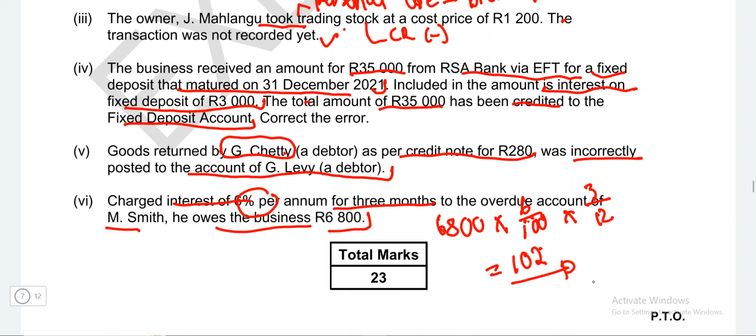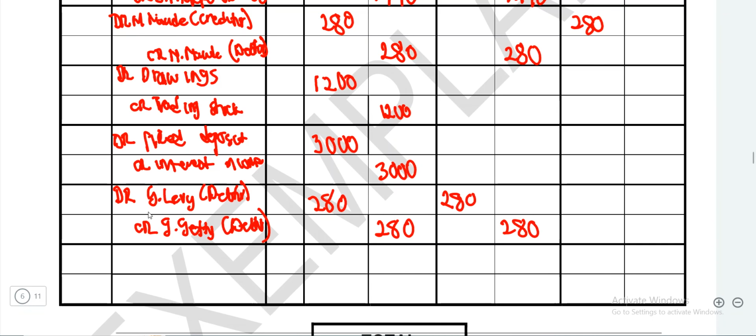Now this is what we must try to remember. We are charging a person interest on overdue account. How does this affect our general journal? Now remember, M Smith to us is a debtor, so it means that when we charge him interest on overdue account, his debt will increase. So we'll say debit M Smith, who is a debtor.